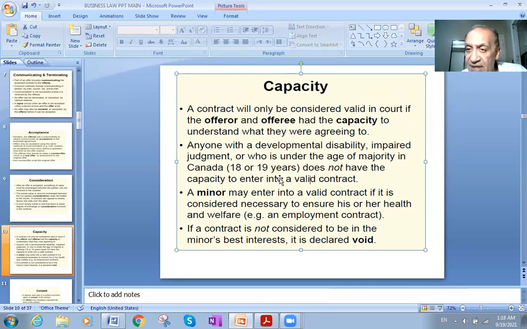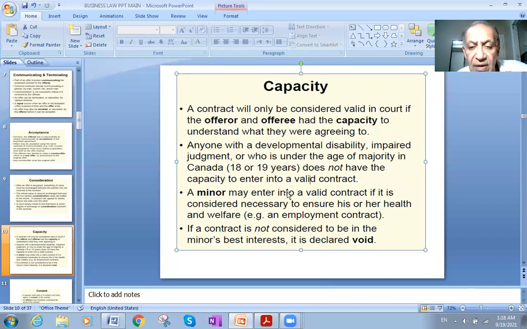You won't get an insane person or a small kid under 16 or 18 years old who does not understand anything and tell him to sign a contract, because he is not aware of the article or of what's going on. Capacity is the ability to comprehend and understand each point in the contract.